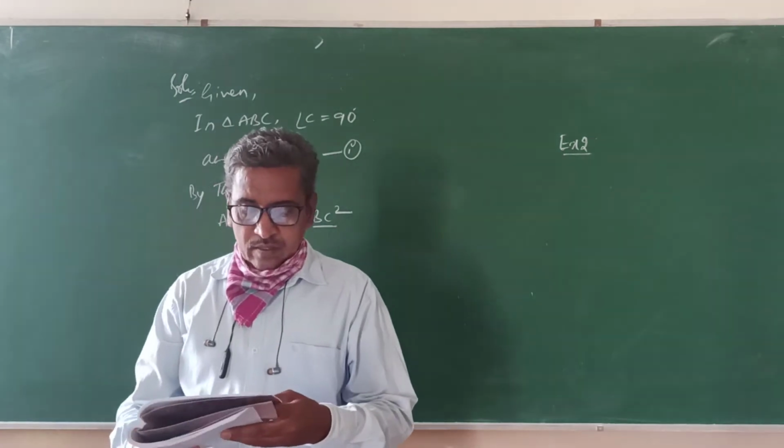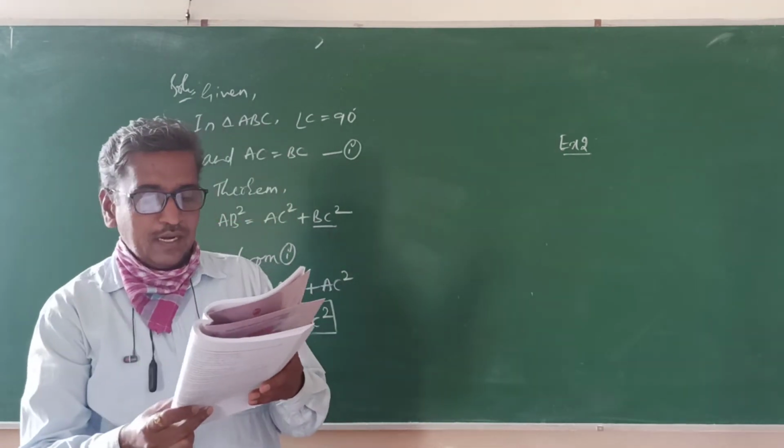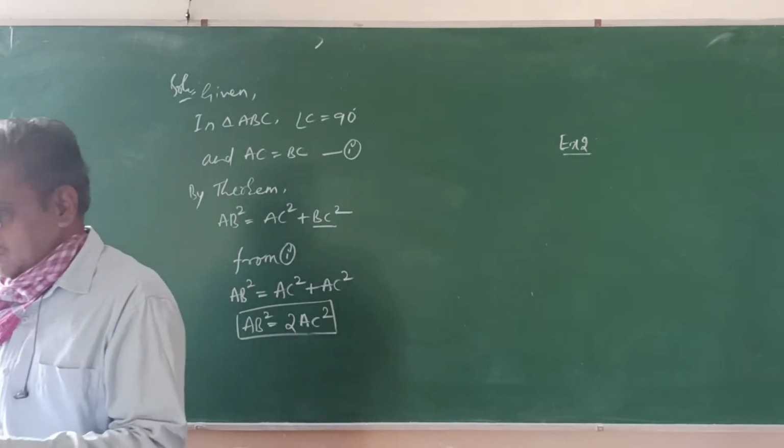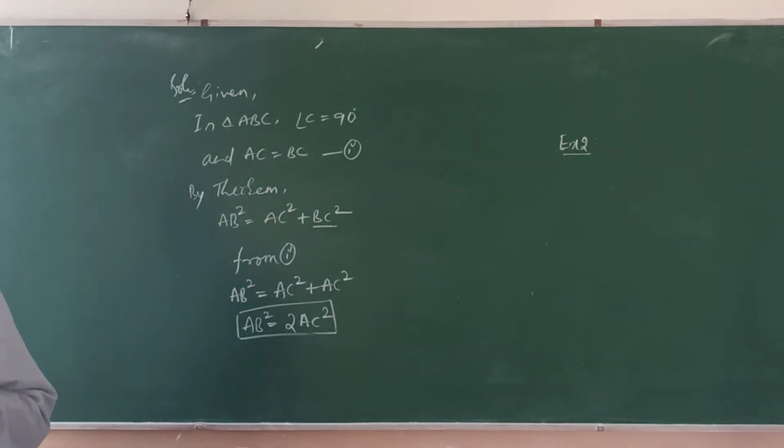Second, next example, ABC is an equilateral triangle of side 2A. Find each of its altitudes. What is altitude?